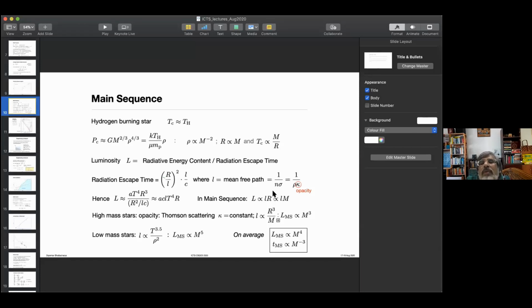So the primary processes that you really have there are Bremsstrahlung, and of course the Thomson scattering, or you can even say Compton scattering, between the electrons and the photons. So depending on the relative importance of these processes, you have to then find a weighted mean interaction cross section.